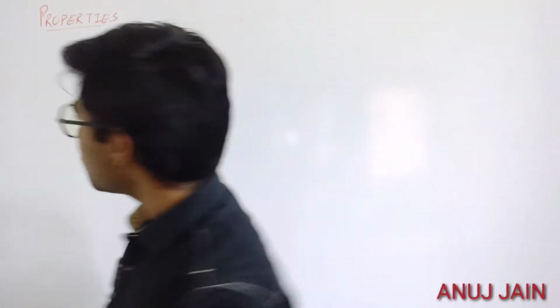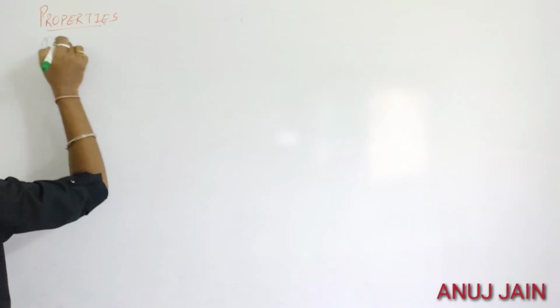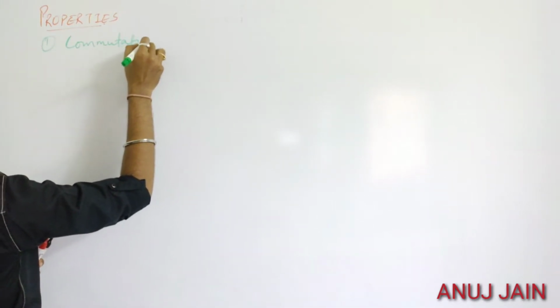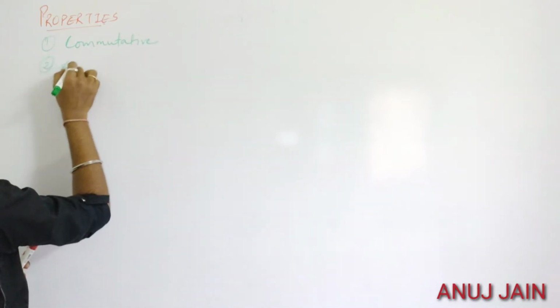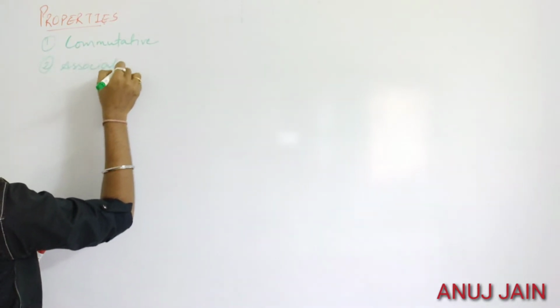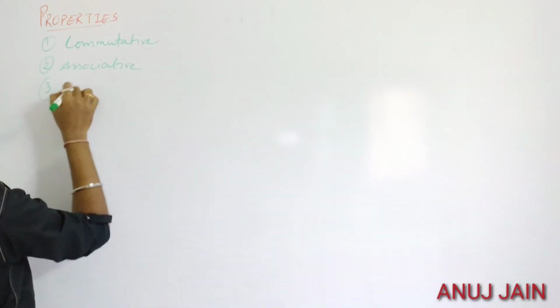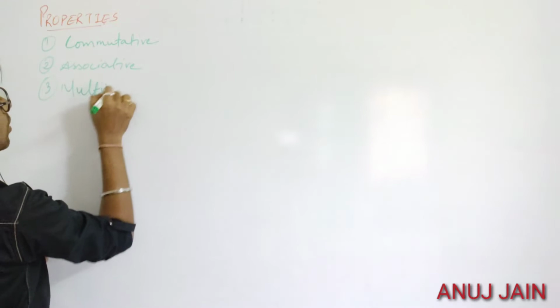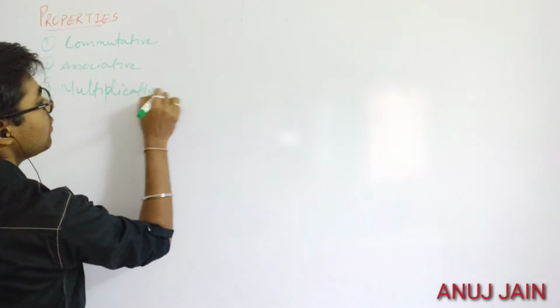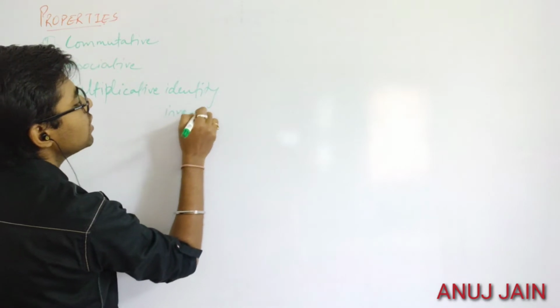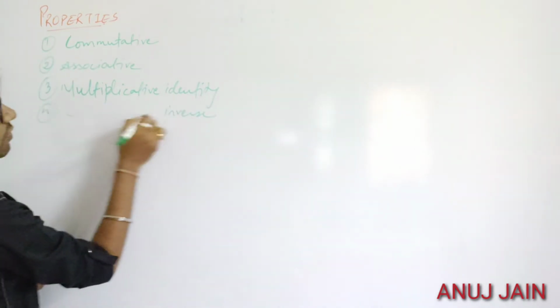Okay, so first property we have commutative. Second we have associative. Third we have existence of multiplicative identity. And then same for inverse, multiplicative inverse.